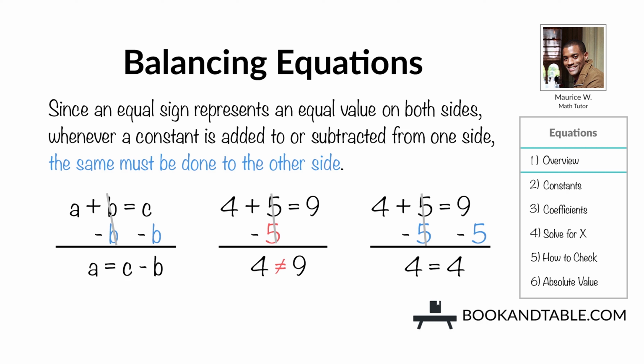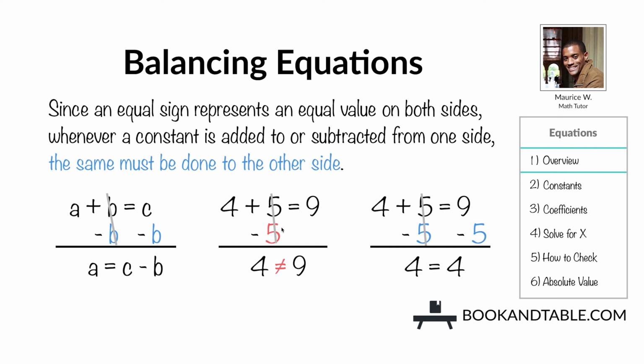Well, positive b and negative b have a combined value of 0, which allows us to remove this altogether. A plus 0 would just be a. But if we do it on the left side, subtract b, we must also do the same thing on the right side, subtract b. So we see that a is equal to c minus b.